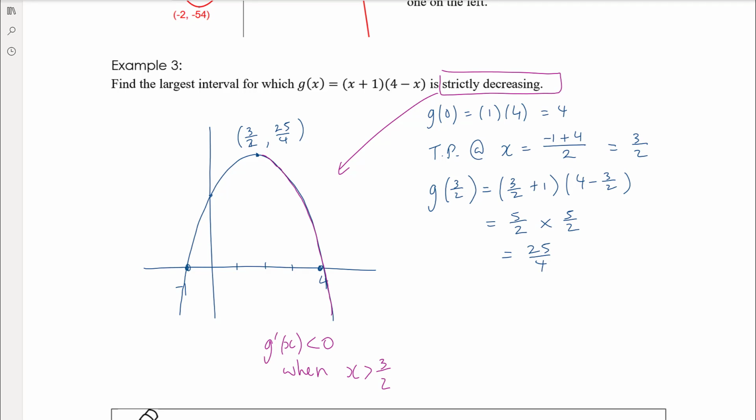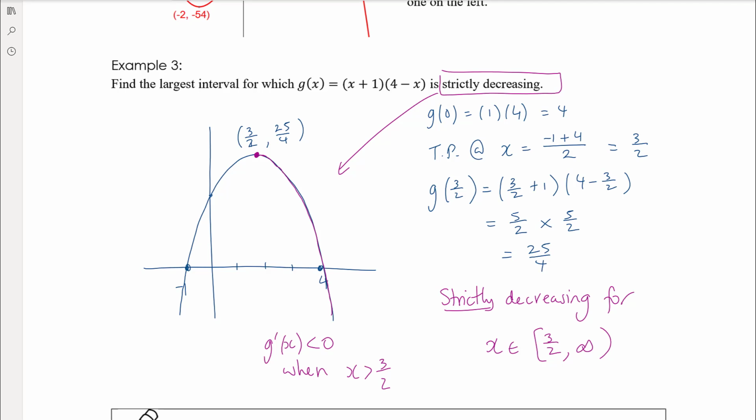But in terms of this definition of strictly decreasing, we're going to be able to include 3 on 2 in the range of values for which the function is strictly decreasing, because we could pick any 2 points within that range and the point on the left would always be higher up than the point on the right. Okay, so we are strictly decreasing for x an element of 3 on 2, including 3 on 2, up to infinity.